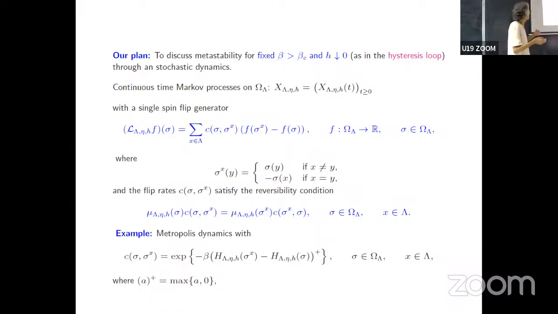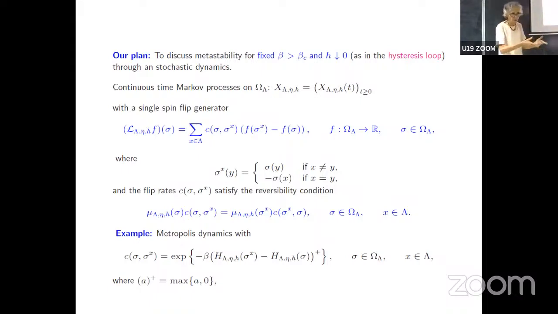The simplest one is, say, you flip at x or not, depending on what you see on the neighbors. You compute the difference in energy between the current configuration and if you flip. And if you flip, the energy is smaller, that means this plus part is zero, the maximum between that. If this is zero, then you flip.